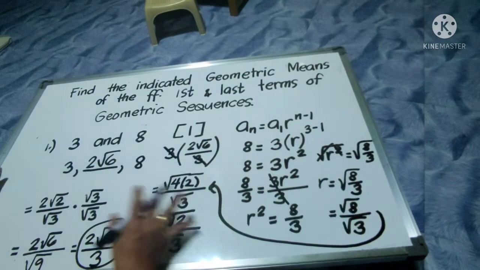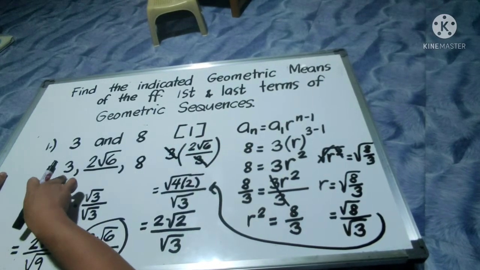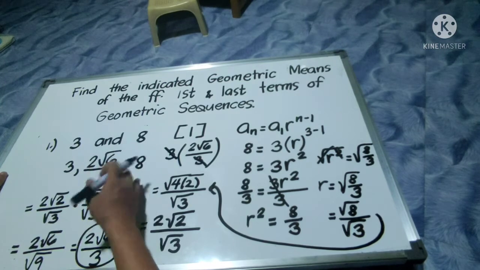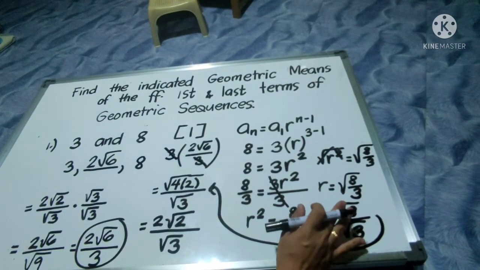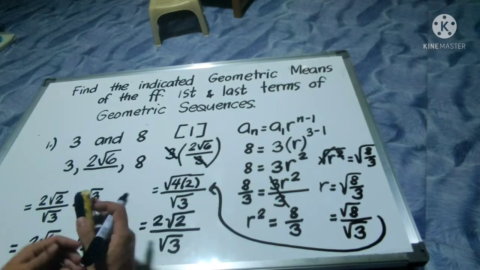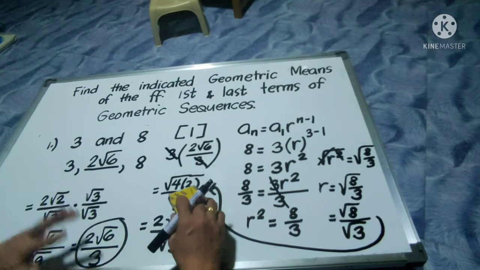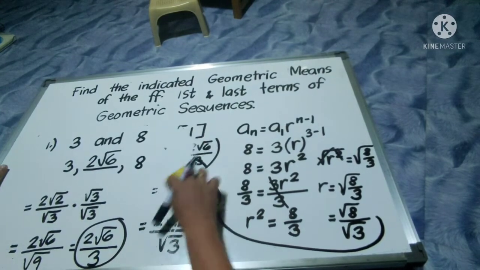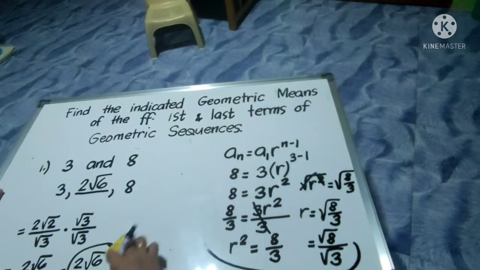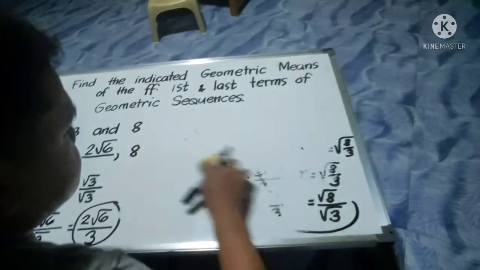You solve for the common ratio, then after that, you multiply the common ratio to the first known term, and that's it. But actually, there is a shortcut here. There is a shortcut. But the shortcut is applicable only if... Okay, I'll erase everything now. The shortcut is applicable only if you will be getting one geometric mean between the two terms.